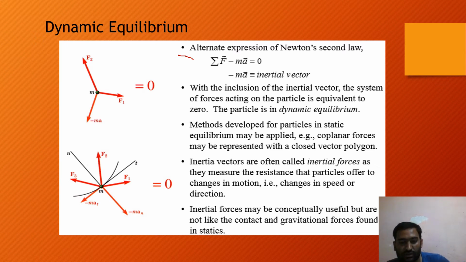We bring it to equal 0: summation of F minus ma, and minus ma is the inertial vector. With the inclusion of the inertial vector, the system of forces acting on the particle is equal to 0. The particle is in dynamic equilibrium.